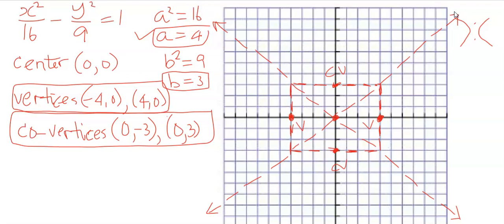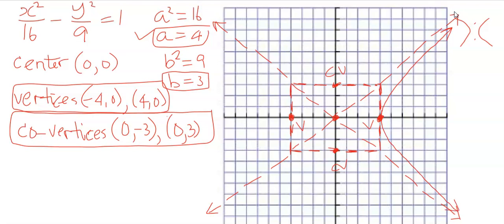So you're going to draw curves now, opening left and right, remember, going through the vertices. You have to make them go through the vertices. And the sides of the curves are going to get closer and closer to those lines right there. And you're doing it freehand. So one side would look something like that, getting closer and closer to that line. The other side down here is going to look something like this.